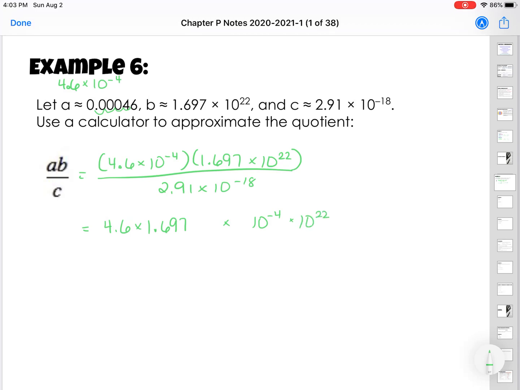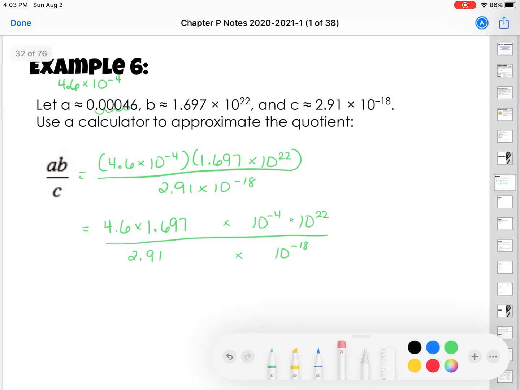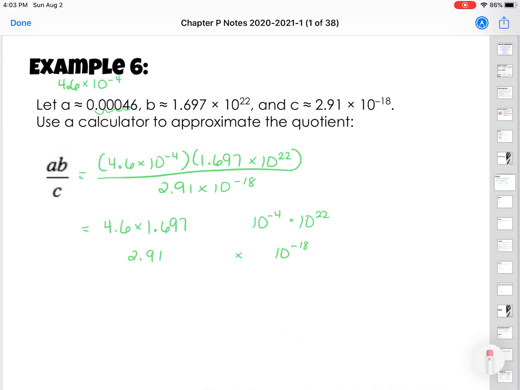And we can kind of do the same thing with the denominator. We'll separate that out. So we will multiply 2.91 over here, and then we'll do 10 to the negative 18th. Okay. So in reality, I can separate these into 2 fractions. I am allowed to do this, as long as the numbers in the denominator stay in the denominator.